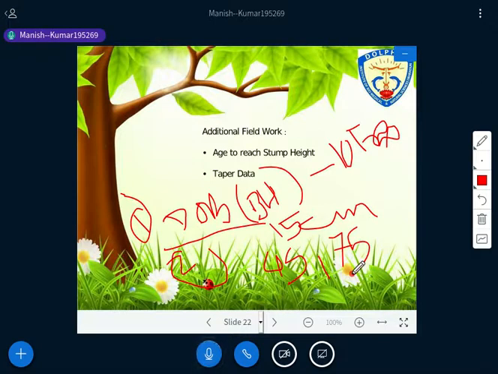Is it clear? Then you incorporate all these data in form number 5. Then you are able to establish the relation between diameter under bark at stump height and diameter over bark at breast height. I hope you have all understood up to this point.